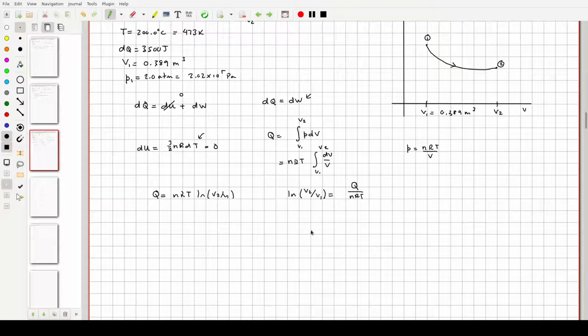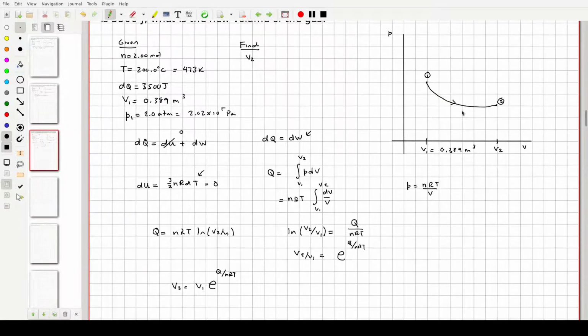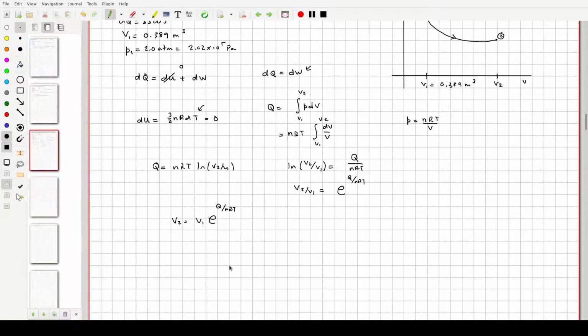The e and the natural log kill each other off, giving me V2 over V1 on the left-hand side, and on the right-hand side, e to the Q over nRT. So really, our second volume is equal to the first volume times e to the Q over nRT. Now you can see why it has this exponential look to it: the relationship between the volumes really is just exponential, because pressure is continuously changing behind the scenes as well.